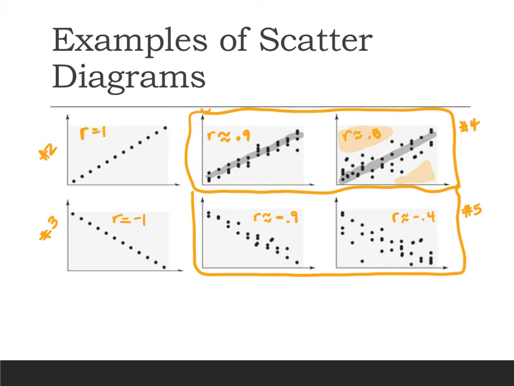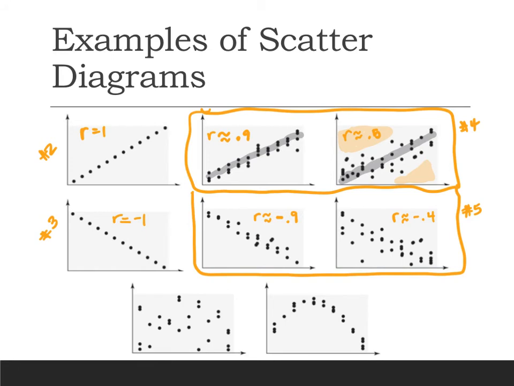You can get in trouble by trying to say there's no relationship. So both of these graphs, both of these data sets, would likely have an R close to 0.